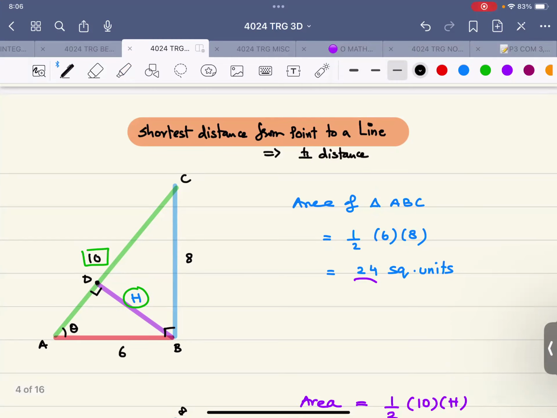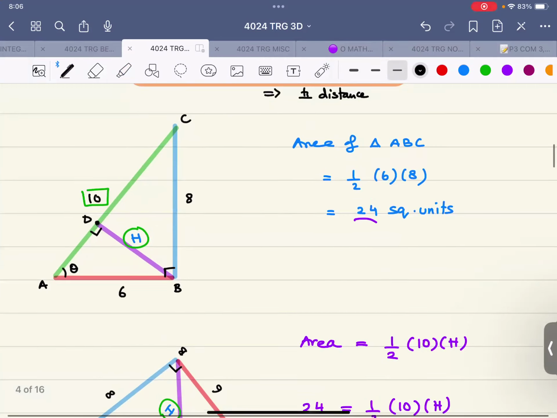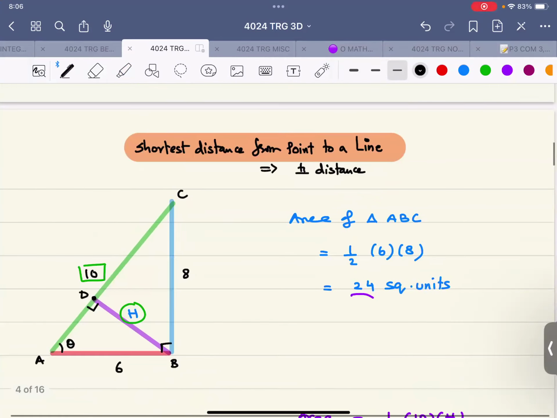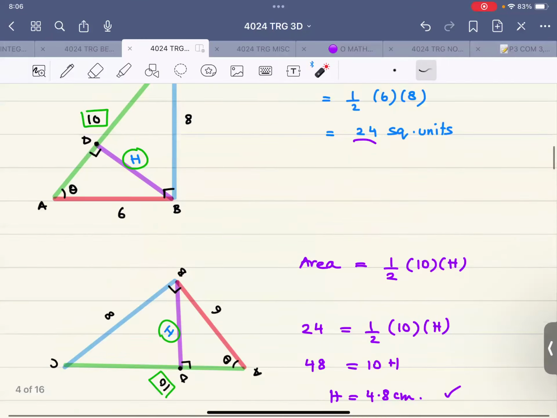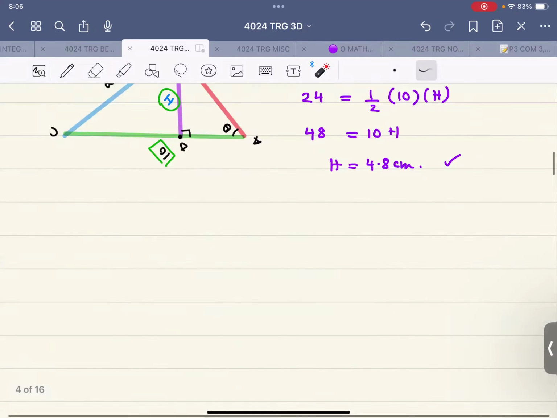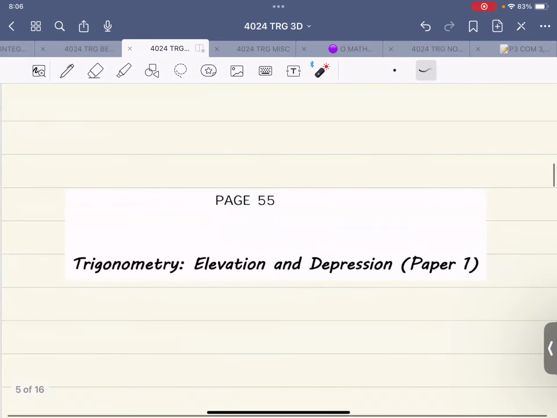So in this case, the shortest distance from B to AC is BD. It cannot be this, it cannot be this, it will keep on increasing. So that is the shortest distance. Now, there are some basic questions that we will do today and some tomorrow.